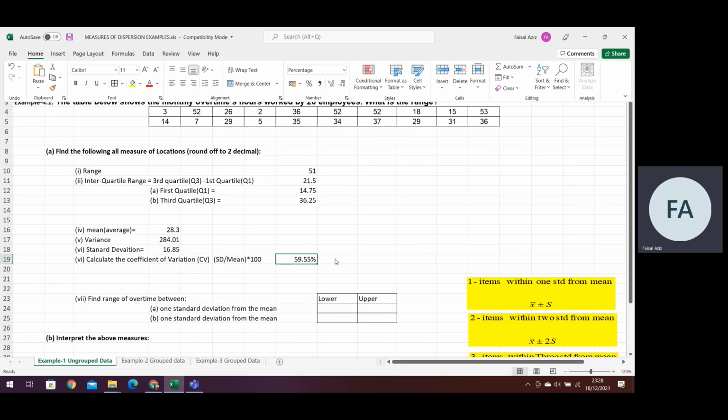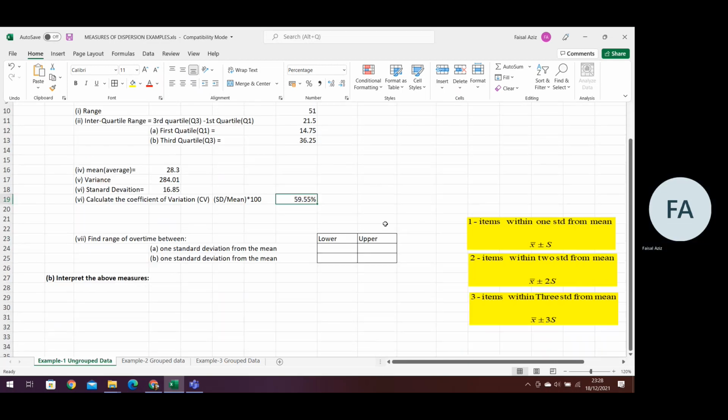It tells us what the variation in the data is. So the variation in the data is 59.55%. This is what is called the coefficient of variation. Okay, the next, you see, we need to calculate the range for one standard deviation.